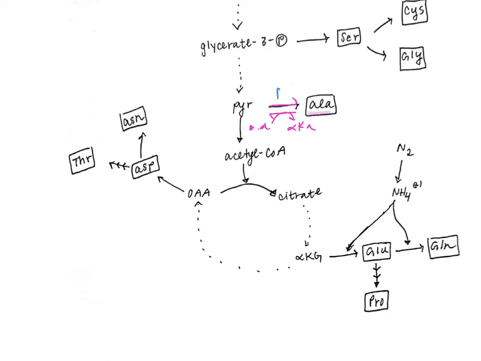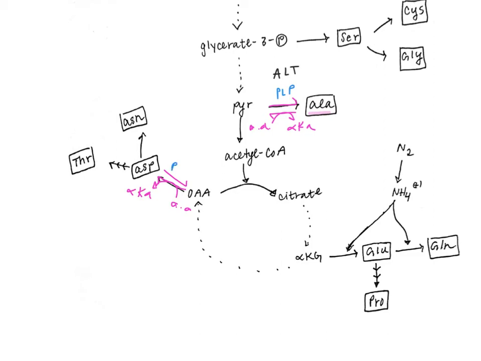We need the prosthetic group, PLP. And the enzyme that catalyzes this reaction specifically is ALT, alanine transaminase. We've also made aspartic acid using a transaminase reaction. And in order to go from, again, the alpha keto acid to the amino acid, we need to input an amino acid and get out an alpha keto acid.